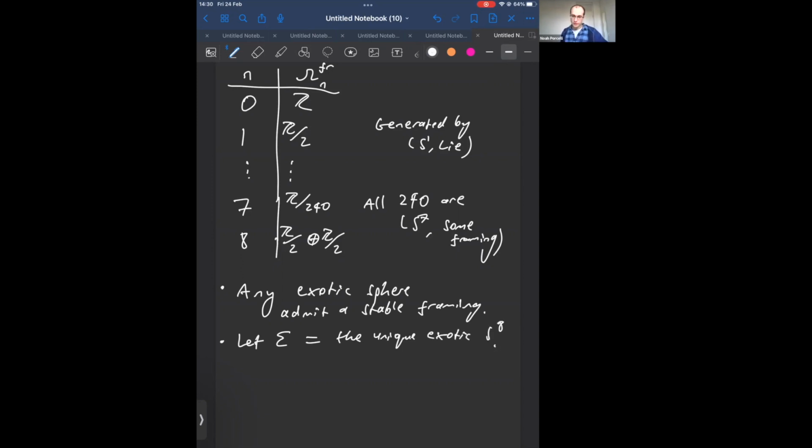Then what's different in dimension 8 to dimension 7 is that it turns out that the framed bordism class of sigma is never equal to the framed bordism class of S^8 for any choice of framing on these two things. So with the way I've written this here, you need an extra choice, which is the choice of stable framing. And this is actually strictly non-unique in this case, but it doesn't matter what you choose.